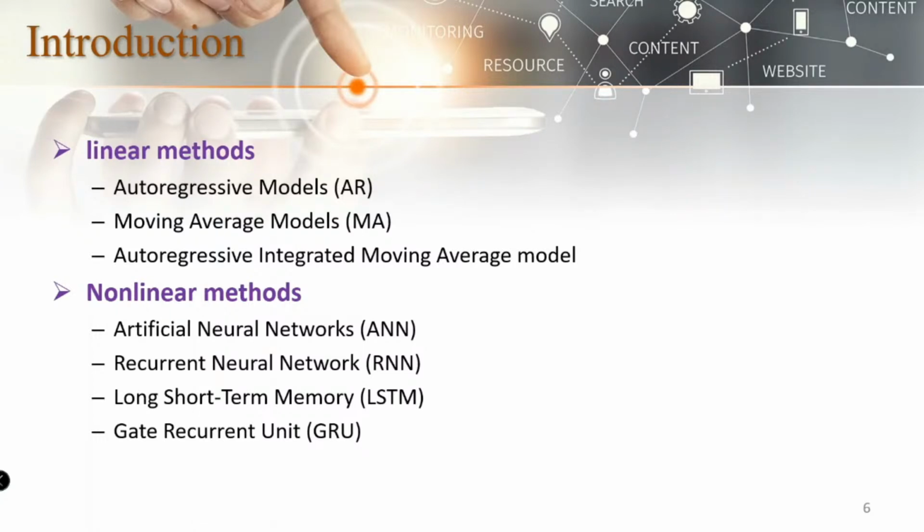Therefore, let's talk about traffic prediction methods, which can be divided into two types, including physical methods and statistical methods. The first type utilizes the laws of physics and user behavior to achieve predictions.